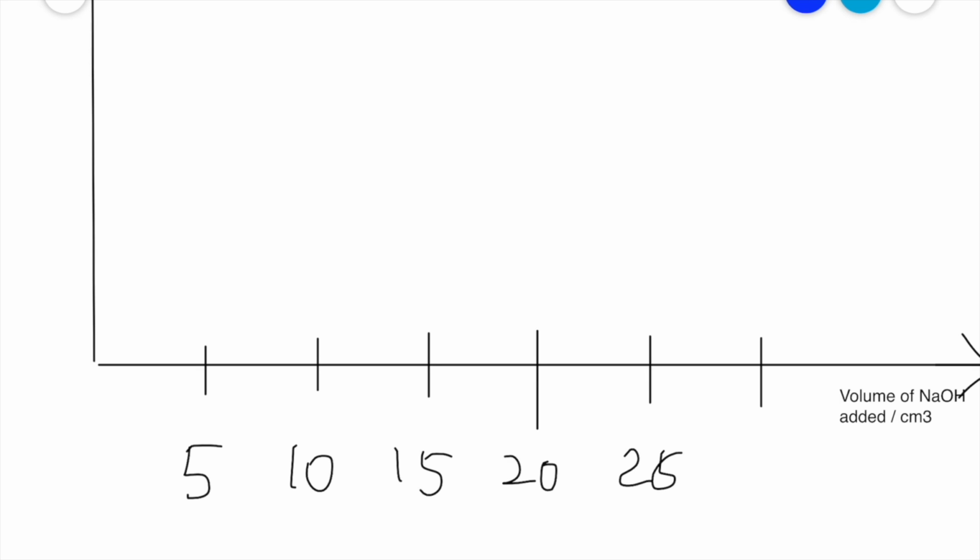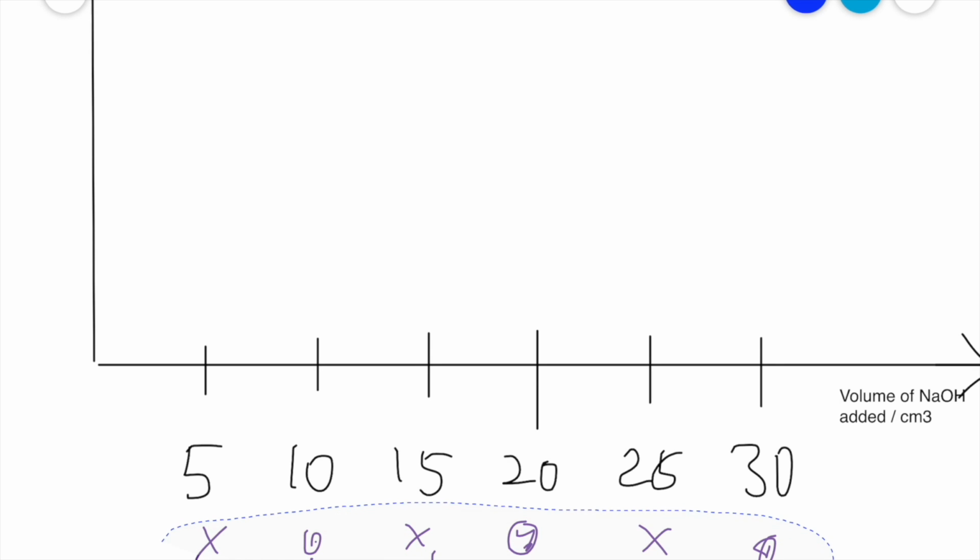Since there are 3 equivalence points, I will mark the correct number of equivalence points: equivalence point, equivalence point, equivalence point. Then I mark the half equivalence points for the corresponding ones. So we need the correct number of equivalence points and half equivalence points. Take note, that's the first thing.